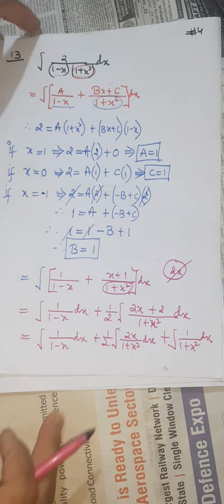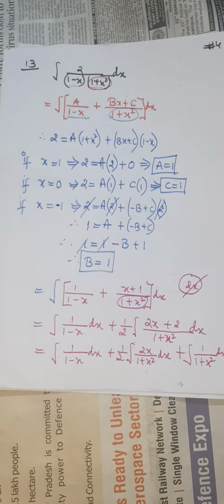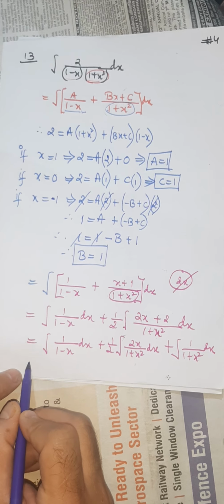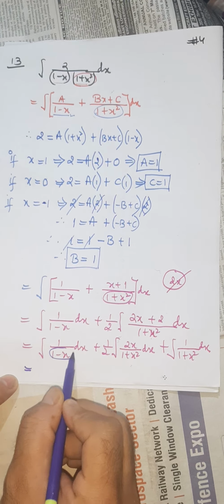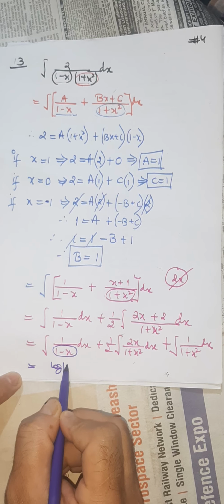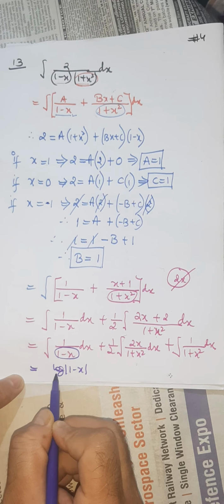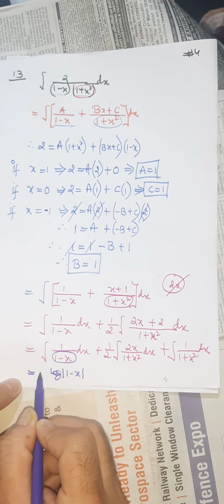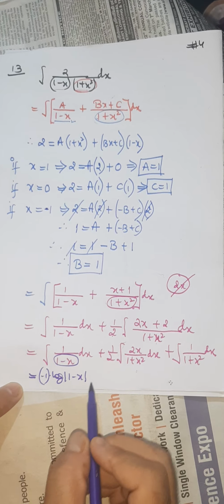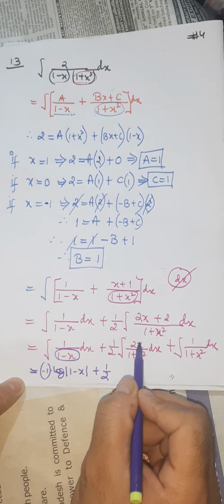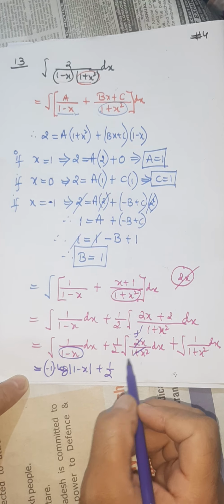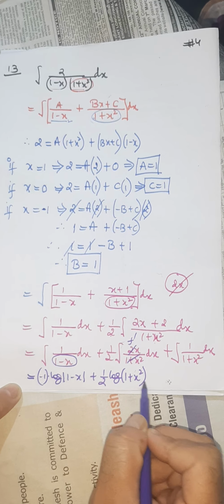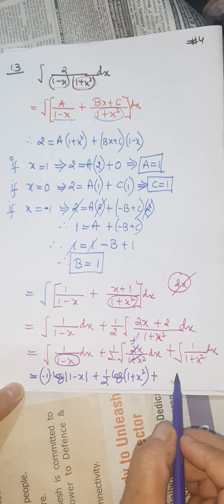So I'll just integrate. What is the integral of the first one? Log of mod of the denominator expression here, because this is linear. So log of mod of 1 minus x upon the coefficient of x, which is minus 1, upon minus 1, which I'll write here. 1 upon 2, this is f dash, this is f. So log of mod of 1 plus x squared. No need to write mod here because 1 plus x squared is always positive.